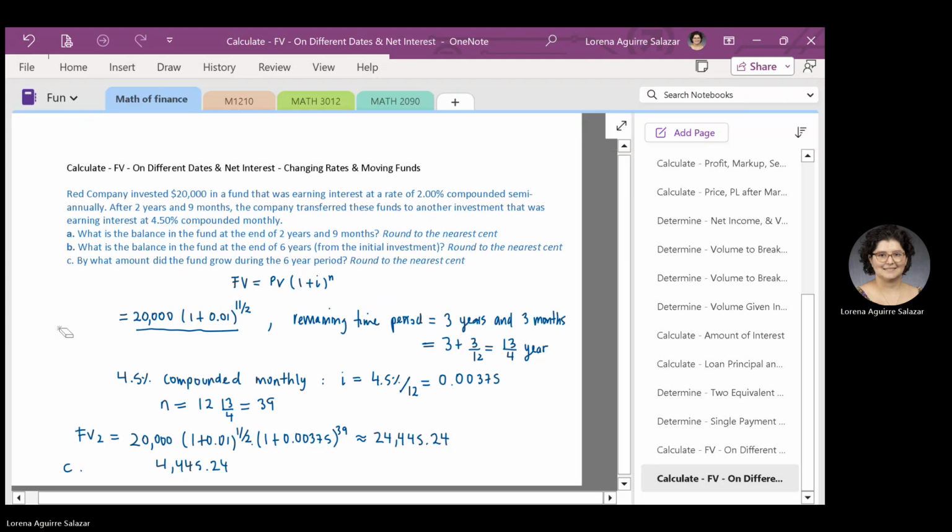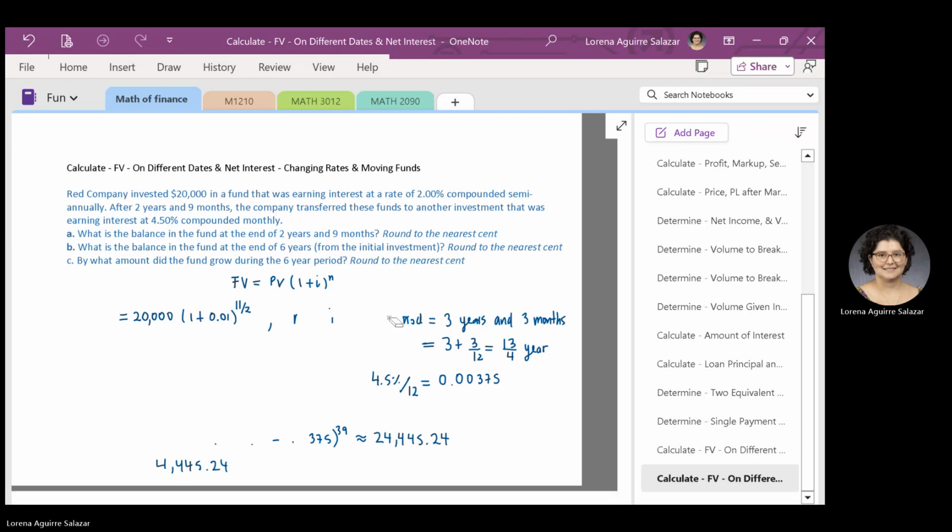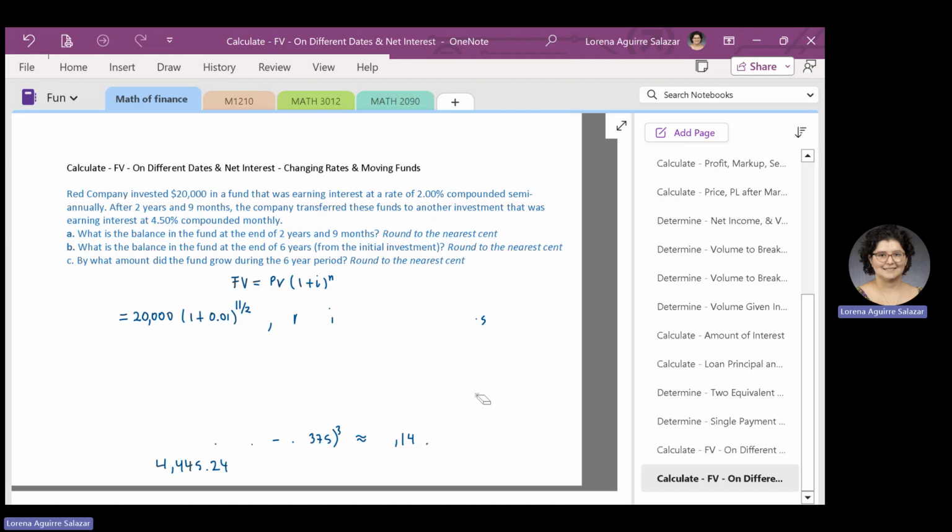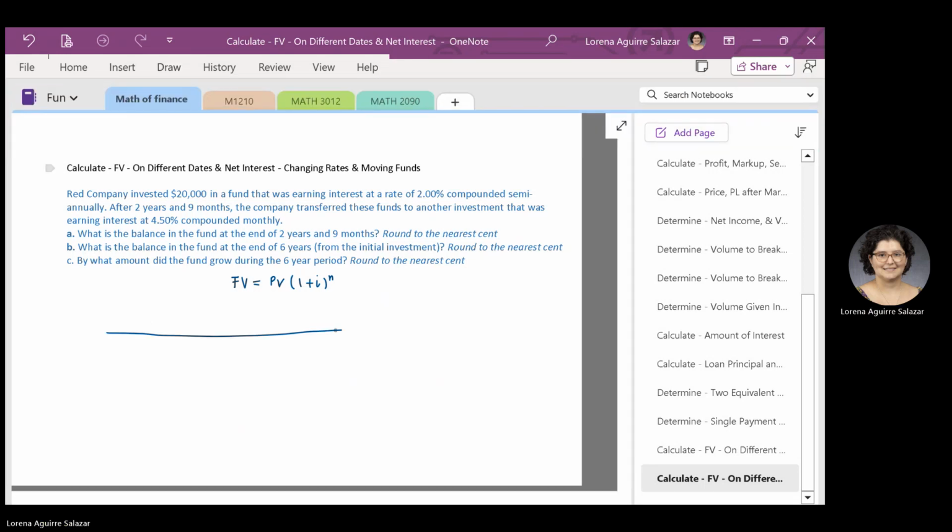So, to summarize what we did, we can say the following. We created a timeline. So the time span is 6 years, the 6 years from now.